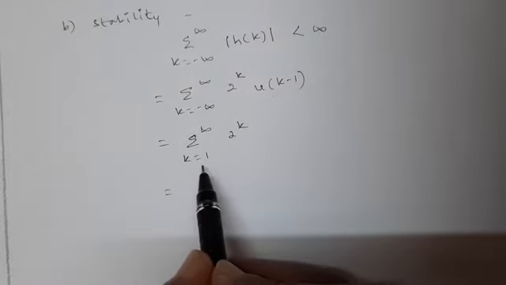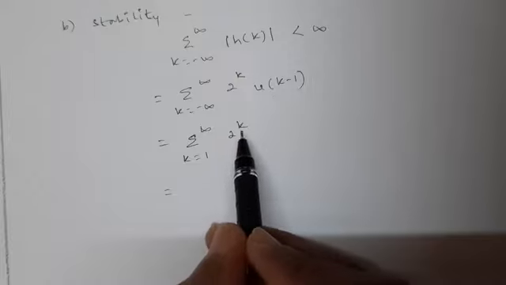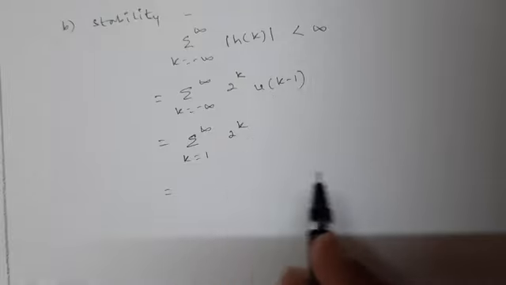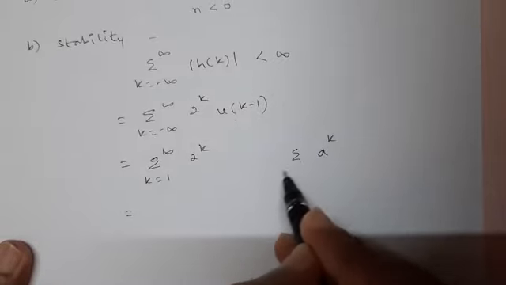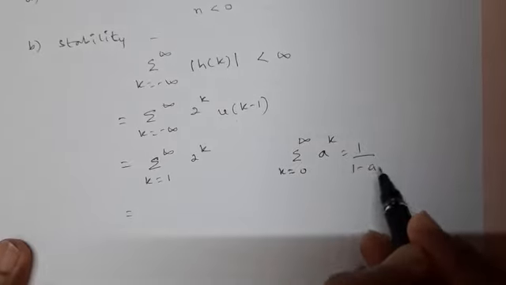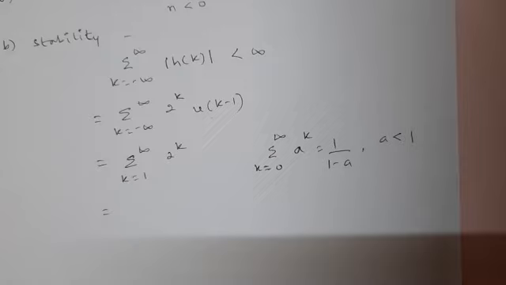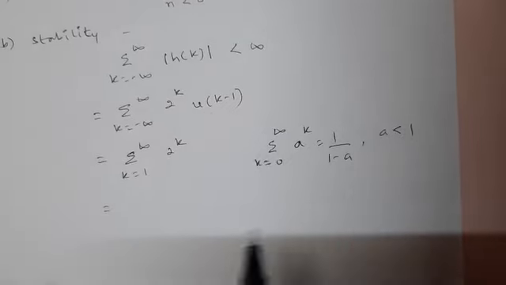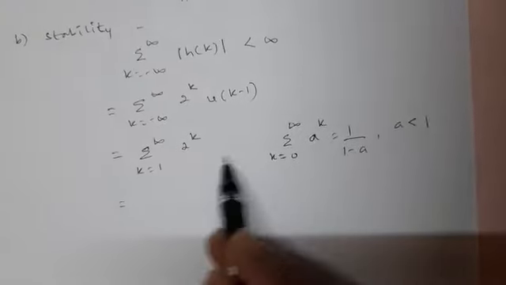The formula for a to the power k, summation k equal to 0 to infinity, is 1 divided by 1 minus a, which holds good only when a is less than 1. Here you cannot apply this formula.